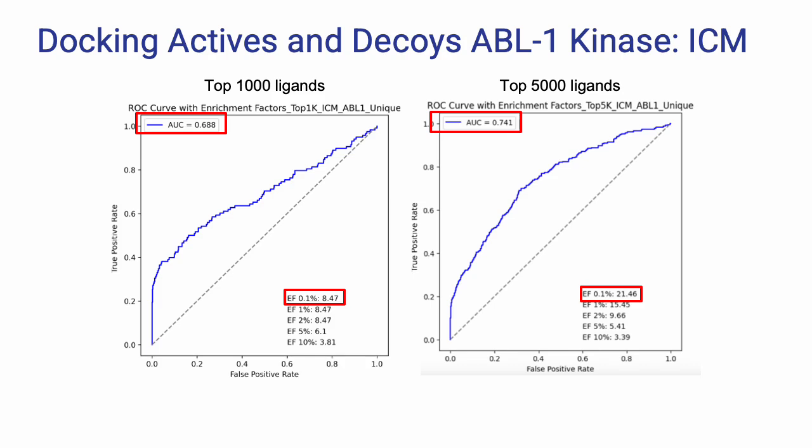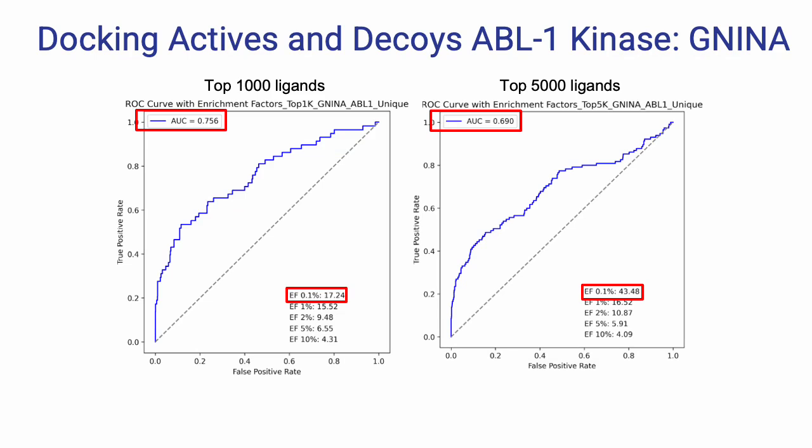However, the EF value for the top 0.1% was low, with EF values of 8.5 and 21.5, suggesting poor identification of actives among the top ranked compounds.